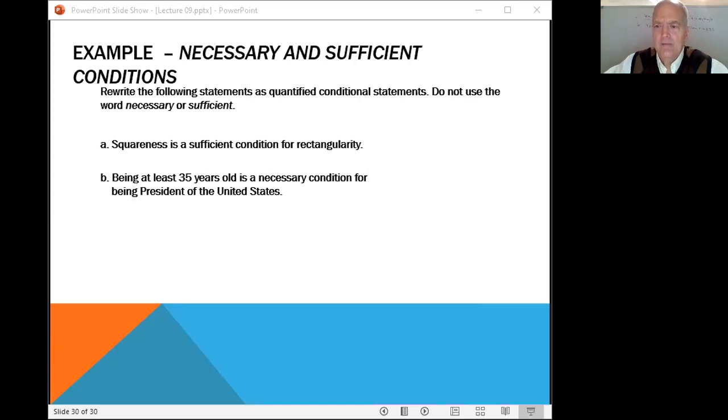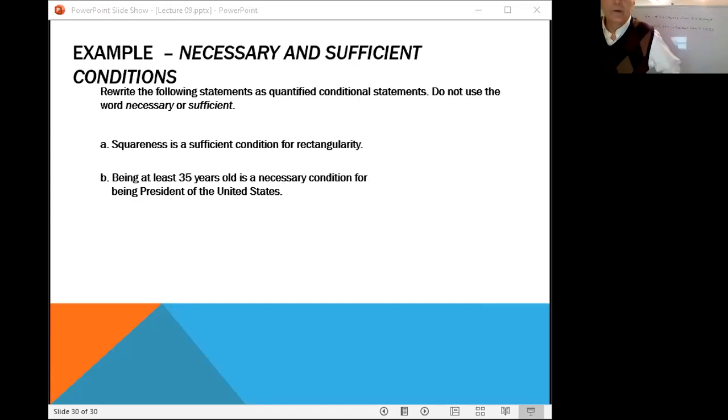And then for B, being at least 35 years old is a necessary condition for being president of the US. So here we could say for all people X, if X is president of the United States, then X is at least 35 years old.